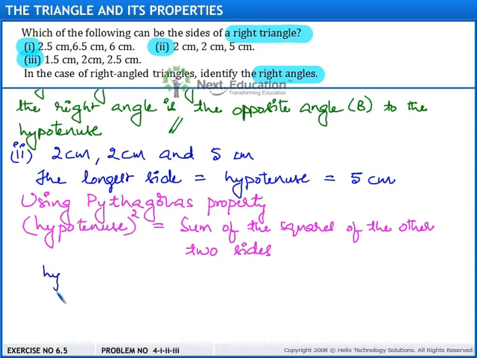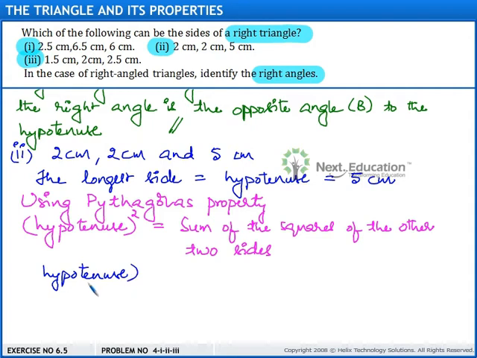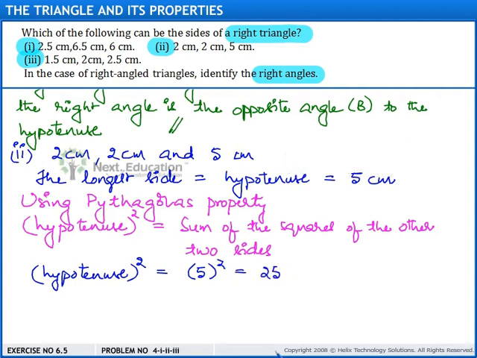The square of the hypotenuse is equal to 5 square is equal to 25.